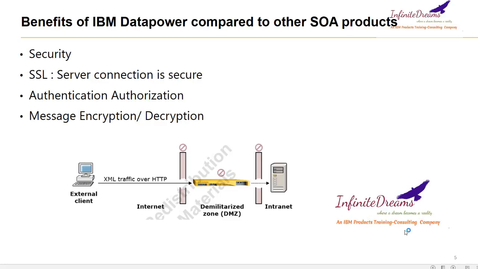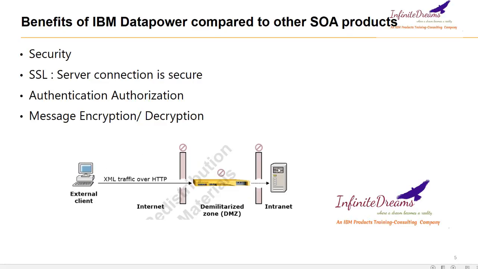Suppose we are going to office, and in between there are a lot of checks, someone is checking our bag, someone is checking our car, so the time in which I reach my office will increase. The same thing happens over here. When you place a lot of security in this zone, that's fine, we can always implement security, but the time in which the request from the client reaches the server will increase.